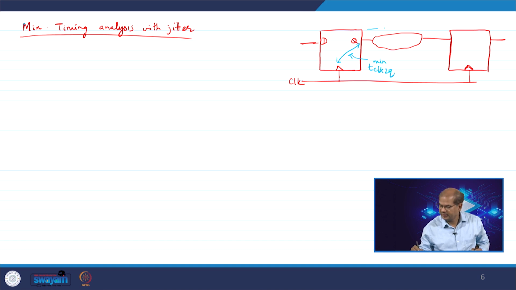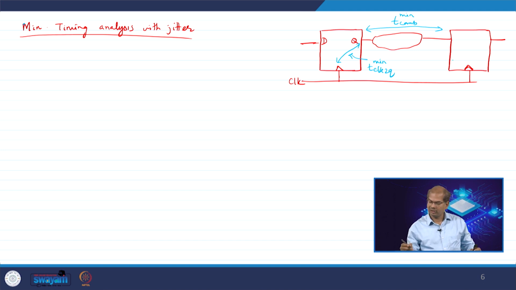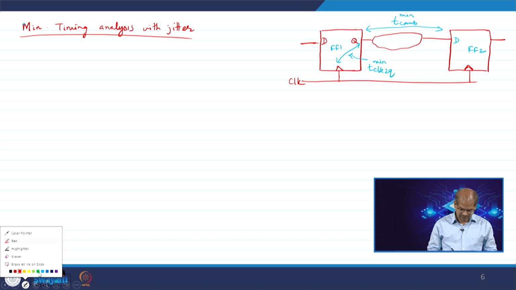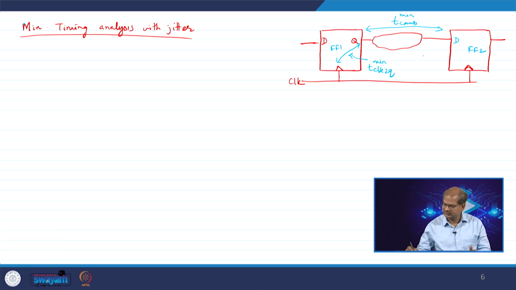This delay is basically T combinational minimum, and your data should be stable before the D pin of flip flop 2. Actually, this is flip flop 1, this is flip flop 2. Here, as we are doing the minimum timing analysis, we need to consider the T hold of flip flop 2.